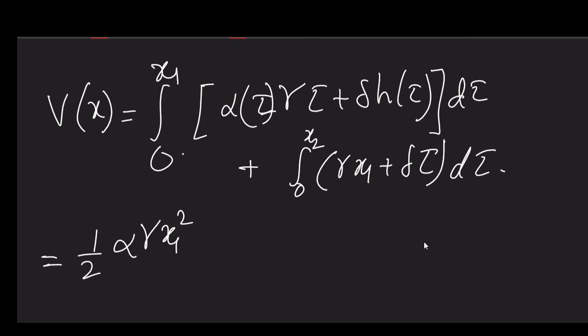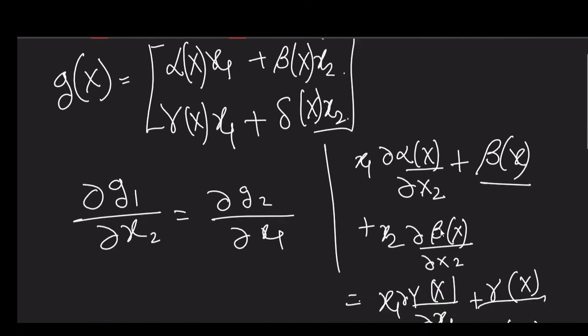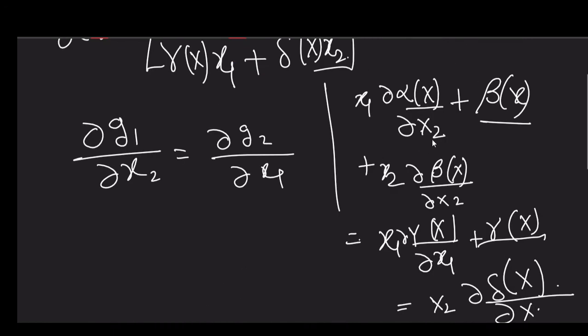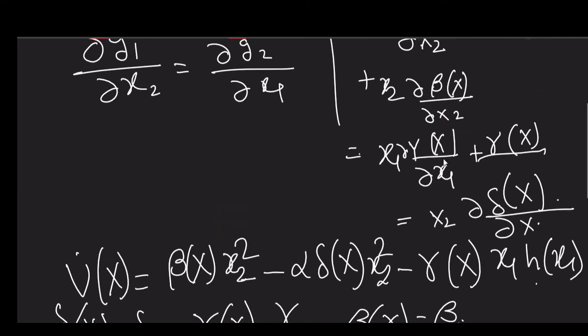So here, just a minute, I think I have made some mistake here. Delta alpha x2, comma x.